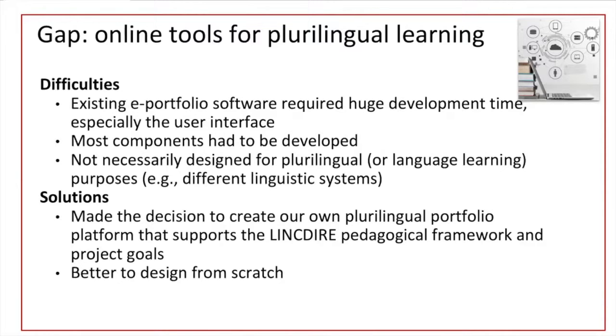And also these e-portfolio tools were often designed for content learning, not language learning. So there was this linear approach to the interface, not a cyclical, not a reflective approach that we were looking for. So we realized that we had many components to be developed, that these standard platforms weren't developed for the purposes we were hoping for.